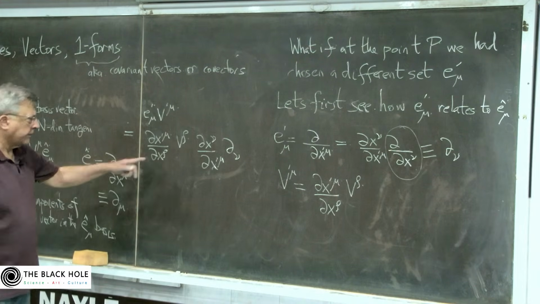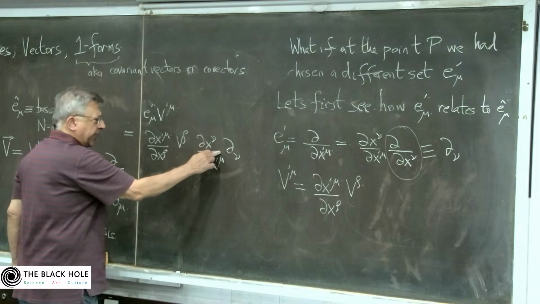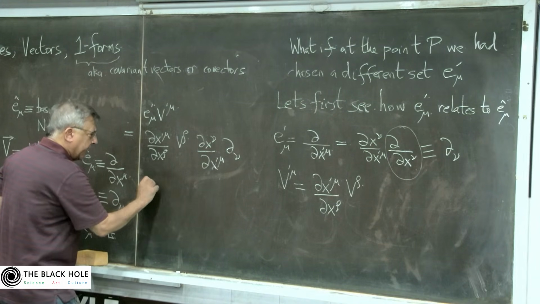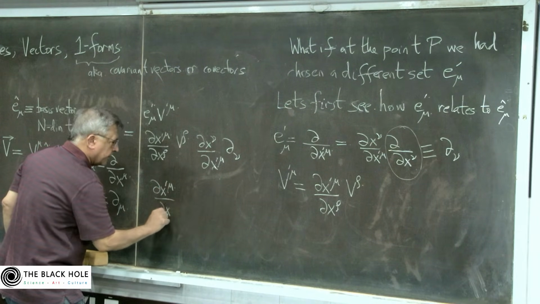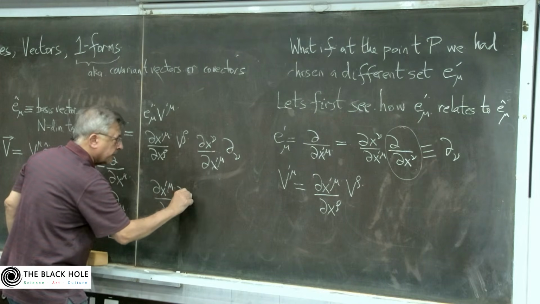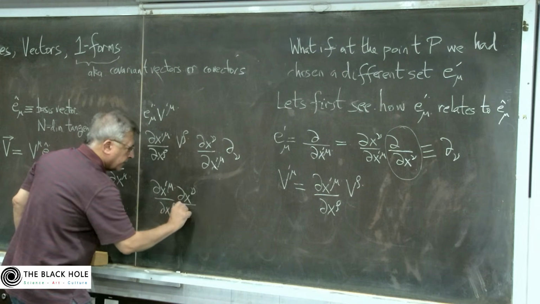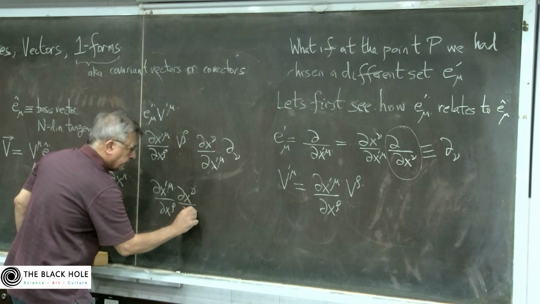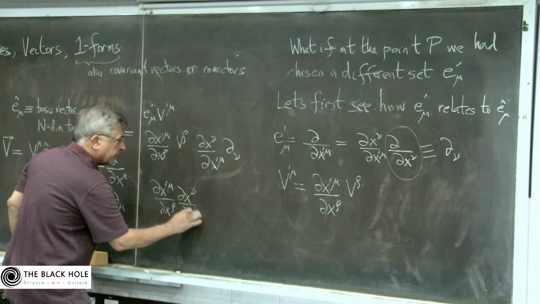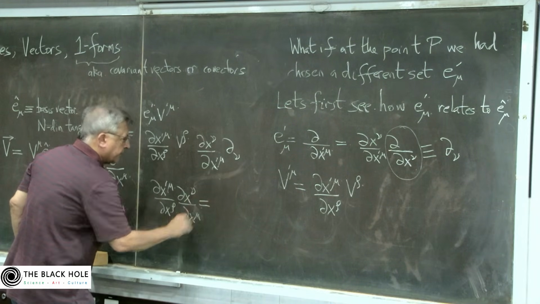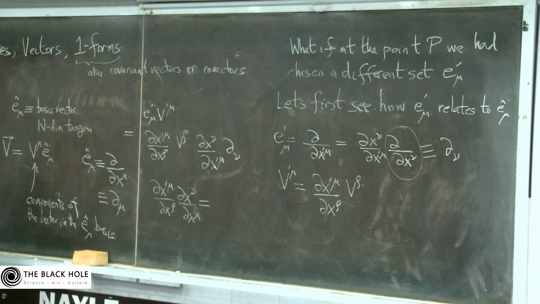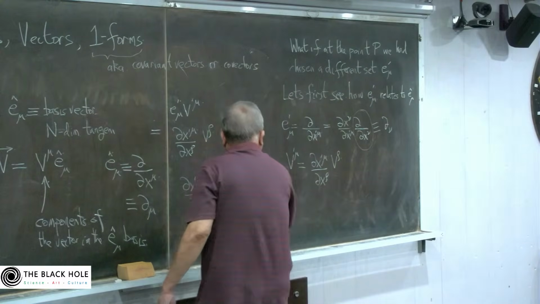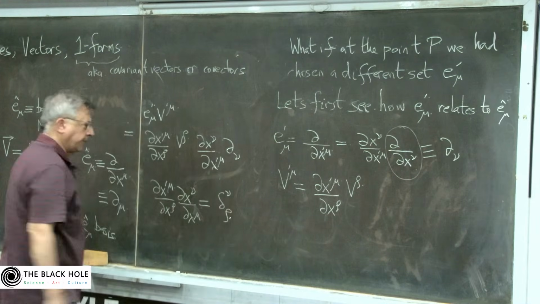All right, now this I'll take over here, and can you tell me what this is? Summed on mu, exactly, this is the Kronecker delta. So then nu has to equal rho.